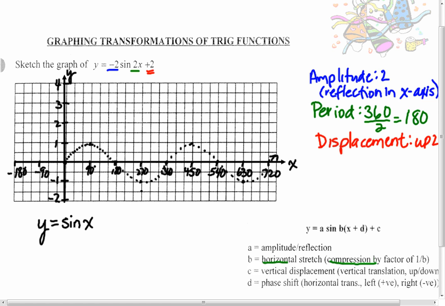There we are. I'm going to go to the left as well. So it will be a minimum just before. There we are. Y equals sine x.